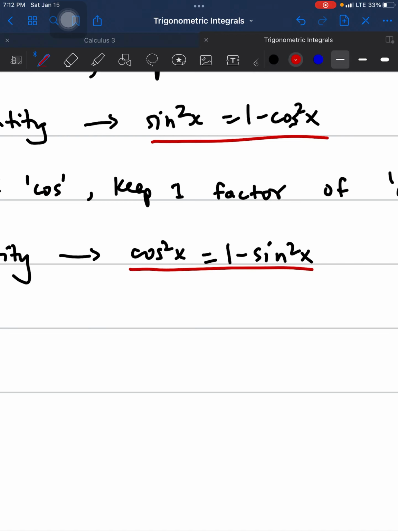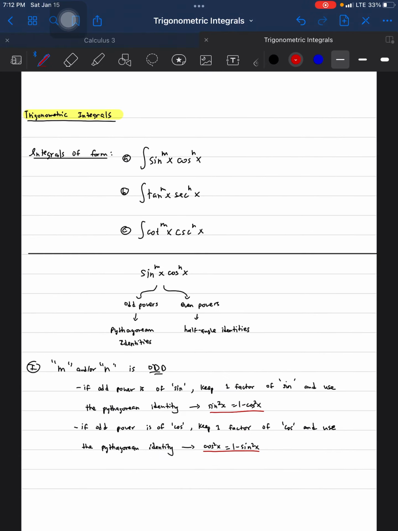So if cosine has the odd power, we use the identity for cosine.